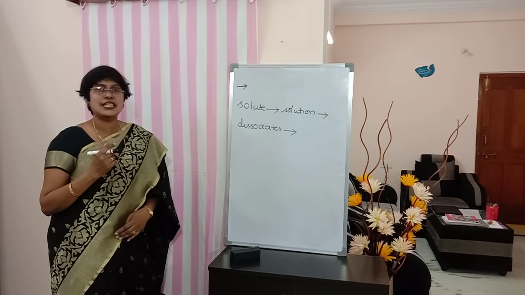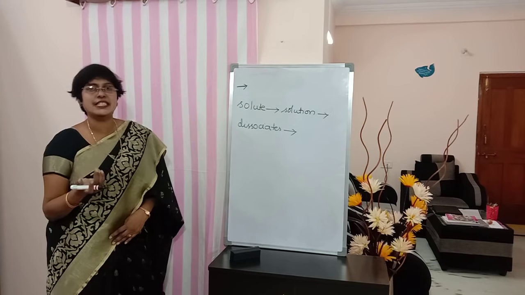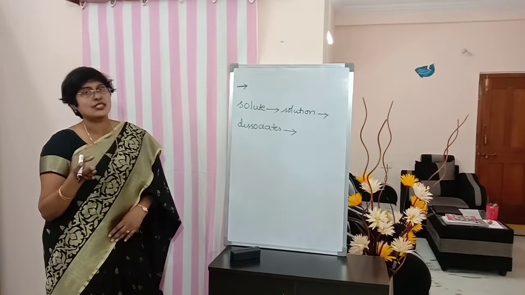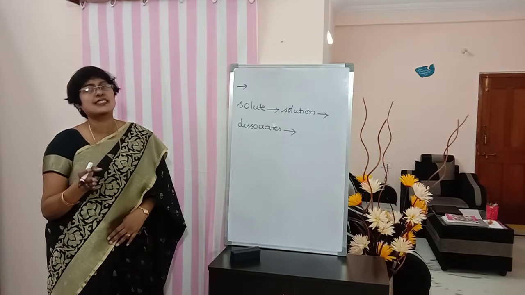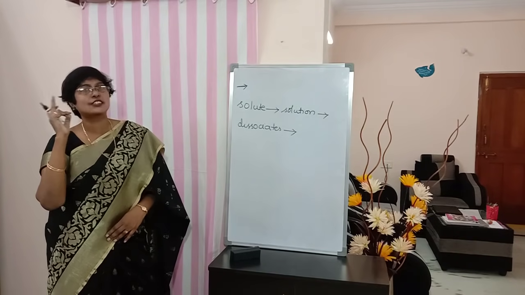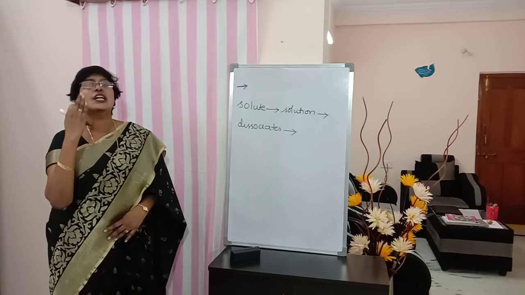NaCl dissociates into Na plus and Cl minus, BaCl2 dissociates into Ba 2 plus and 2Cl minus. So what is happening to the number of ions or number of particles? They are increasing. NaCl 1, it is dissociating into 2. BaCl2 1, it is dissociating into 3.